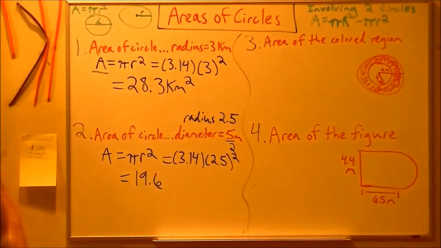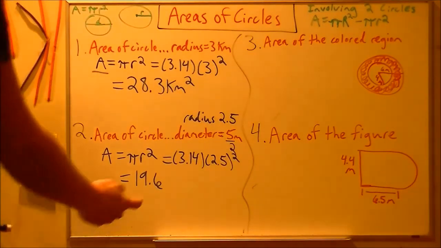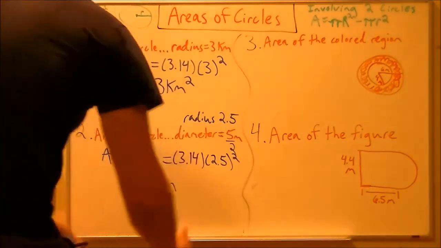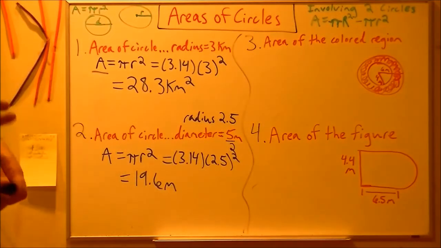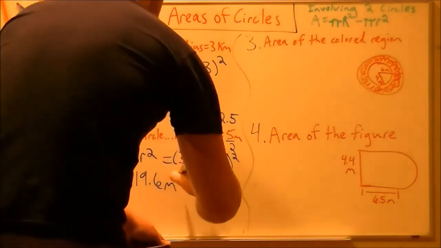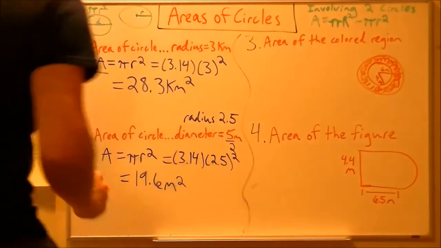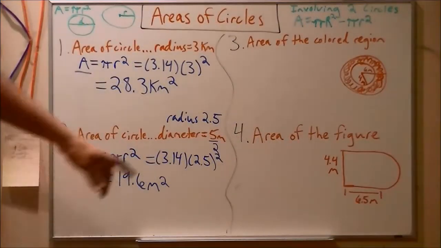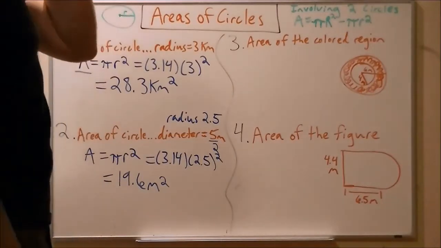So what do you think? 19.6 kins? No. What's our unit over here, guys? Meters. And area is always measured in units squared. 19.6 meters squared.